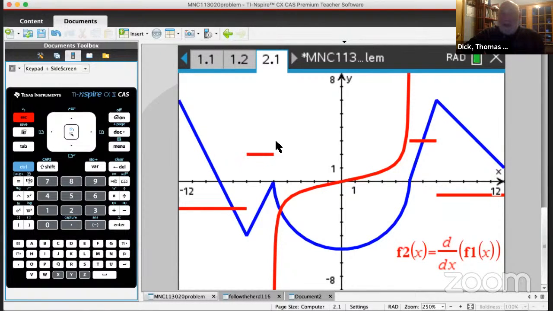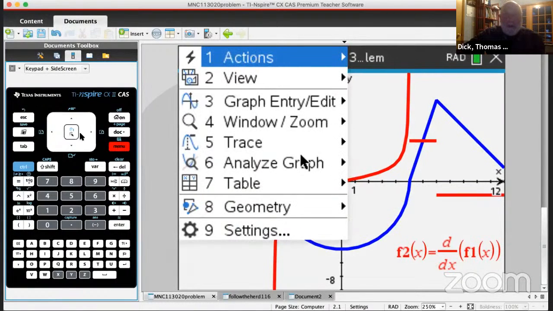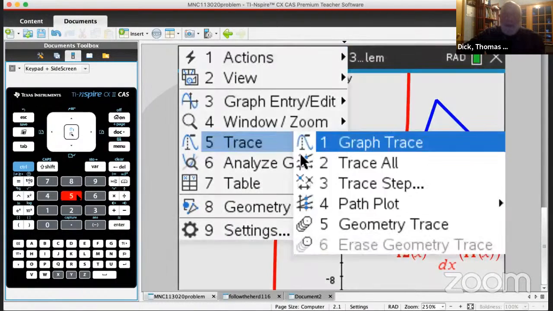Might be interesting to see what the technology does at these points where Steve actually drew in the open dots at the endpoints of these line segment pieces, where the derivative of this blue function graph is undefined. Might be interesting to actually look at the trace and see how that behaves.